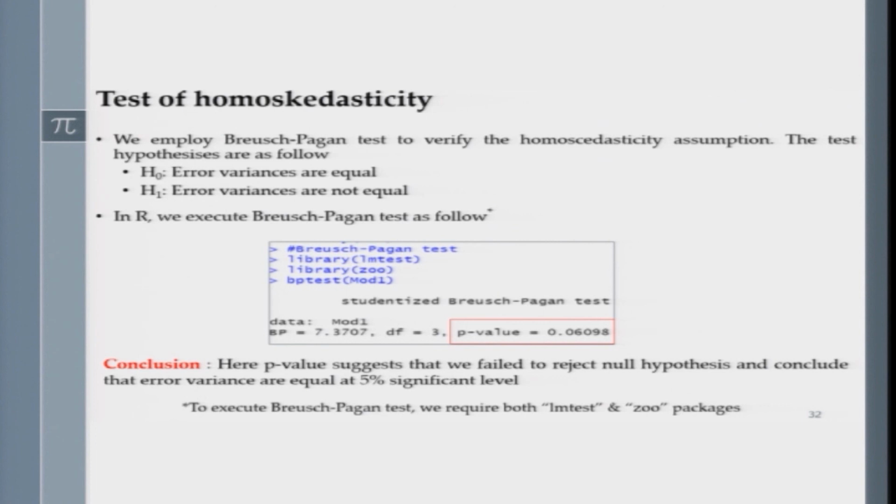Here you get the value of the Breusch-Pagan test statistic, and for 3 degrees of freedom the p value is also reported, and you see the p value is small, but it is above 0.05. So, at 5% significance level we fail to reject the null hypothesis. As we fail to reject the null hypothesis, we can conclude that error variances are equal at 5% significance level.